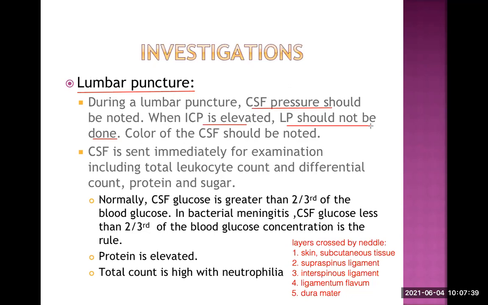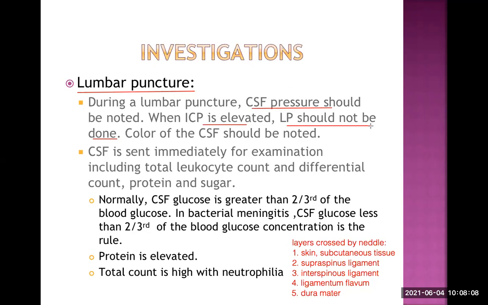There are different types of herniation you have already studied in basic science. These are transtentorial herniation, tonsillar herniation, then herniation at the level of the falx cerebri. The most important ones here are transtentorial herniation and tonsillar herniation, which can kill the patient.